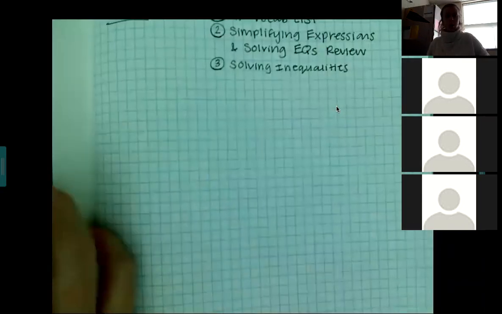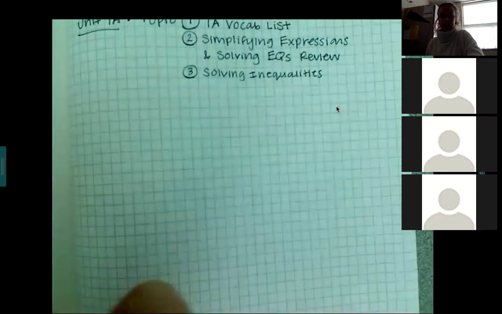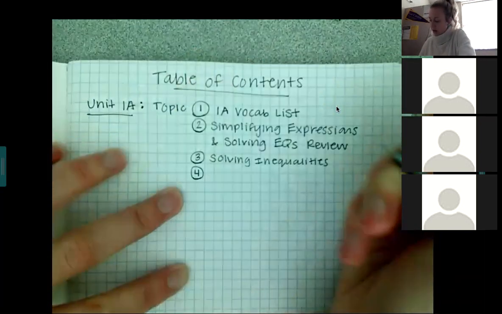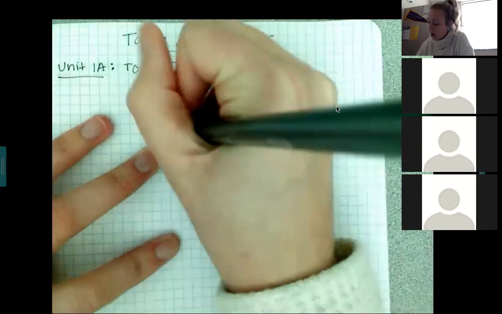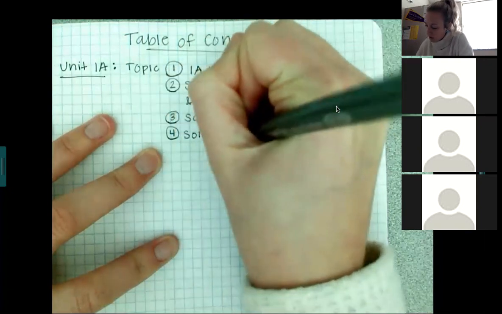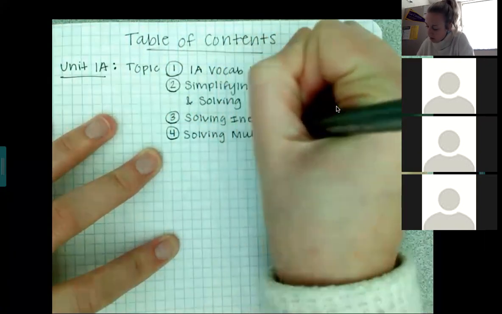All right, y'all. Let's go ahead and get started. Y'all unmute and participate. Some of you have been doing awesome already, so you get your extra credit. So today we're going to be talking about solving multi-step equations and inequalities.